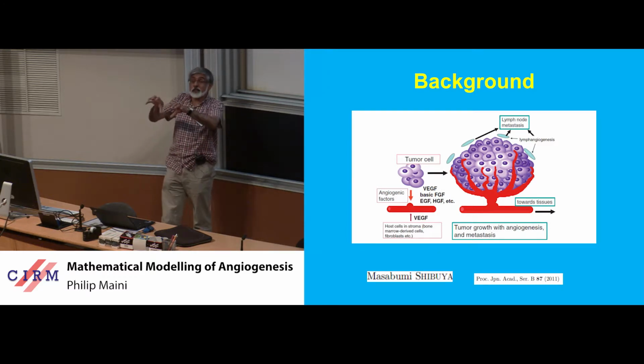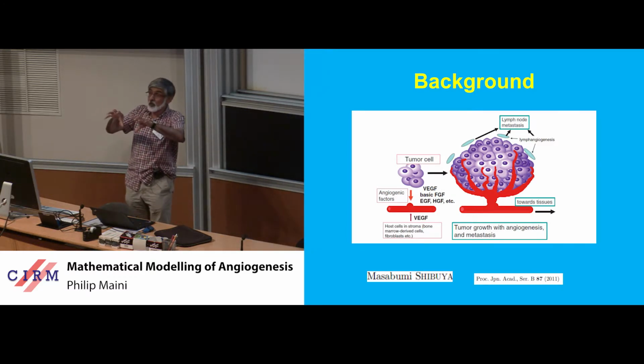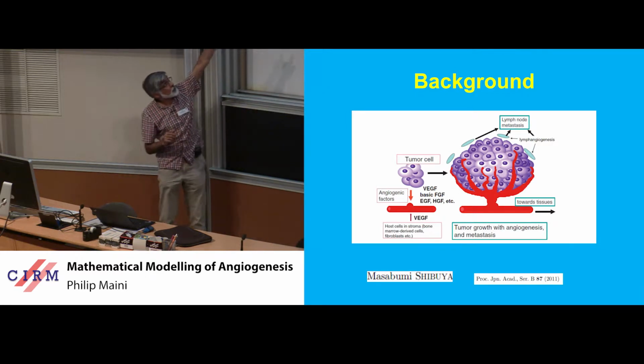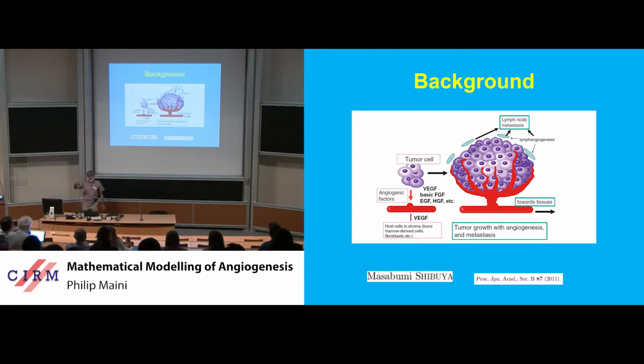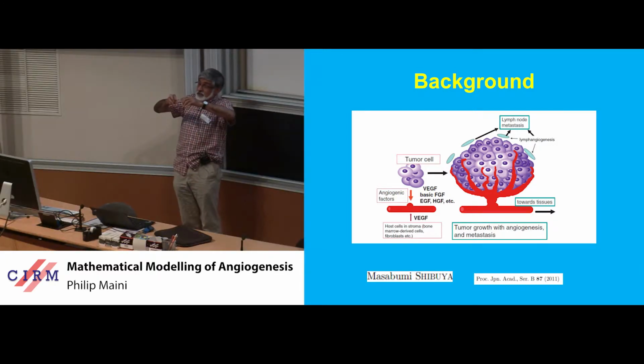And these are stabilized by a protein called Ang1. And what these growth factors do when they reach the blood vessel is they cause the cells to produce Ang2. And Ang2 interacts with Ang1, downregulates it, and the result of that is the pericytes move away.